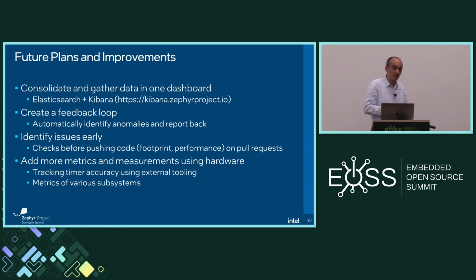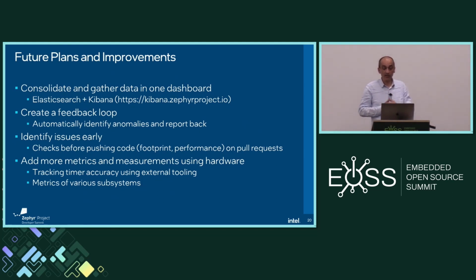We want also to try and create a feedback loop so that if there are anomalies and major drops in performance, or even positive improvements, then we want to know this. It shouldn't be that somebody should be watching these things. So we need to figure out how to get notified when something happens so we can respond immediately.